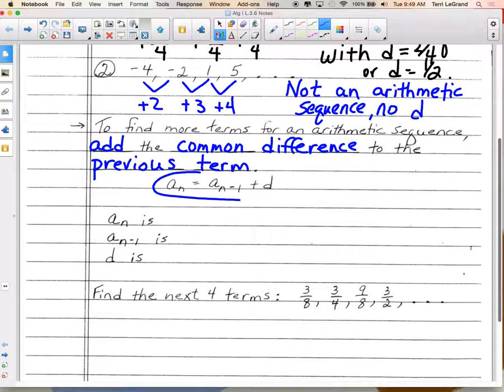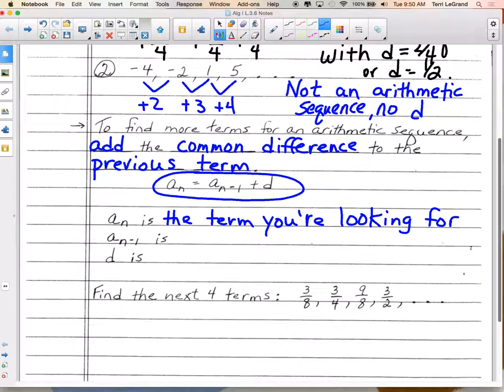Now, here's the thing, we have to make sure that we can start understanding algebraic language. Can anybody tell me what the a sub n in that one is giving us? What is it representing in that formula, in that equation? Caden? Okay, it's the term you're looking for. So if they say to you, find such and such term, they want to know if we kept this sequence going, what would that term's value be?